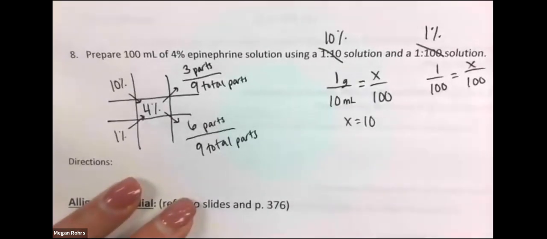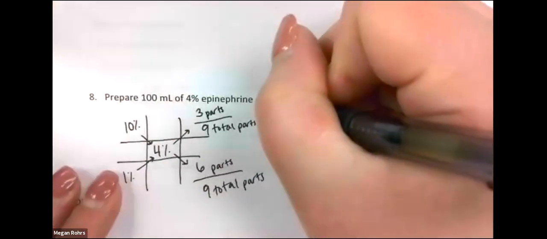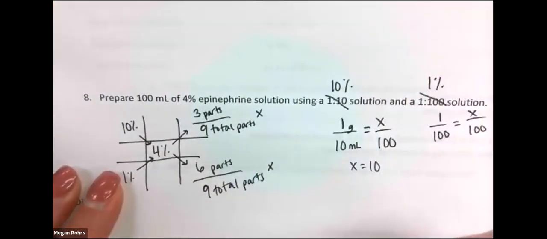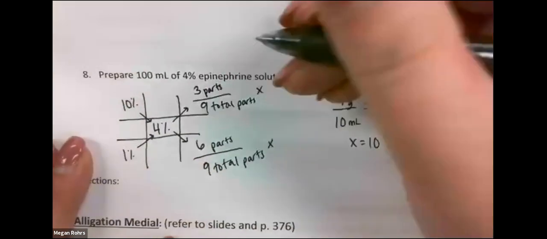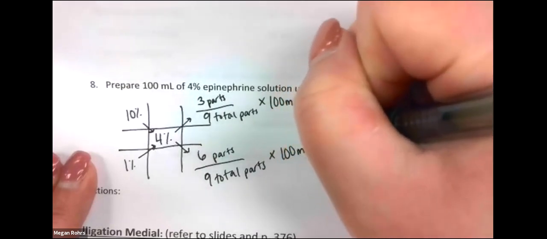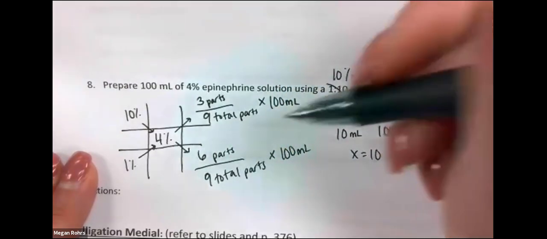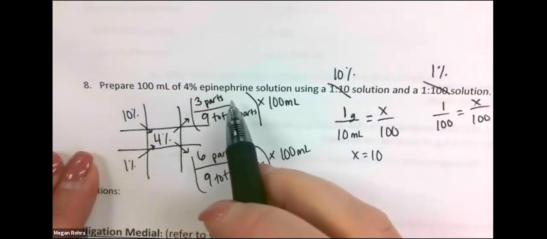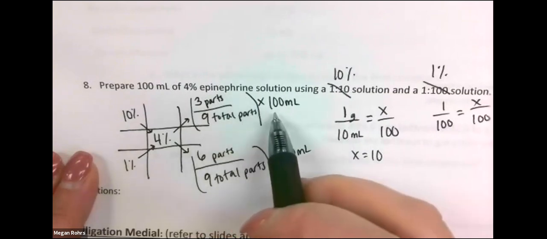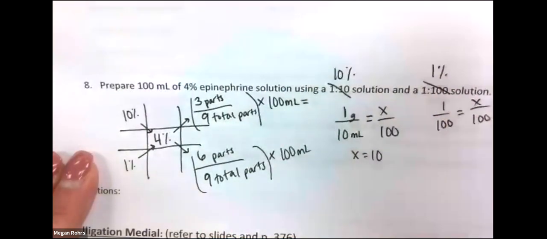And then the last step is to multiply each of those fractions by the final volume that we are trying to make. So we're trying to make 100 mils of our solution. So remember, always do your division part first. Keep that number in your calculator, then multiply by your volume.